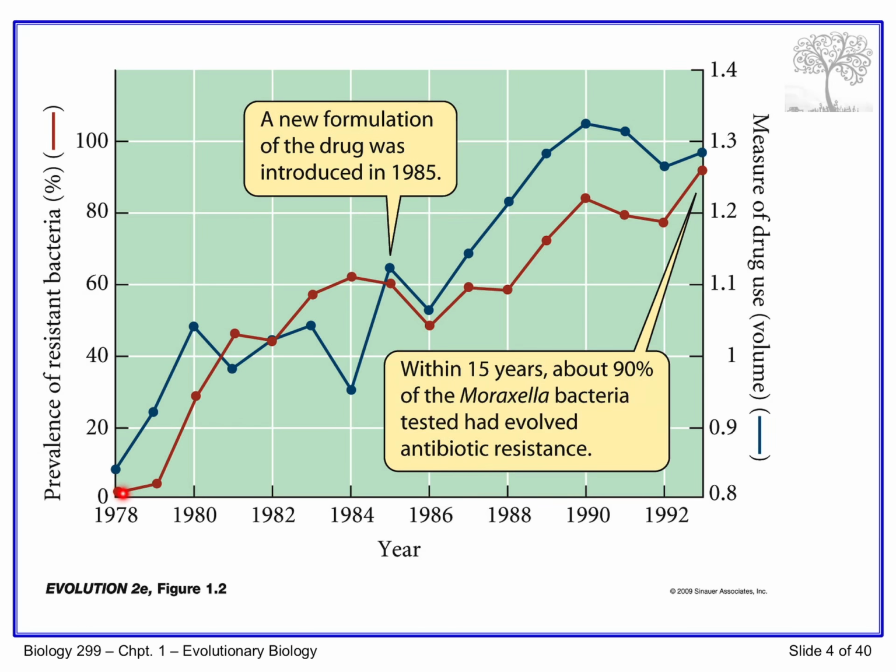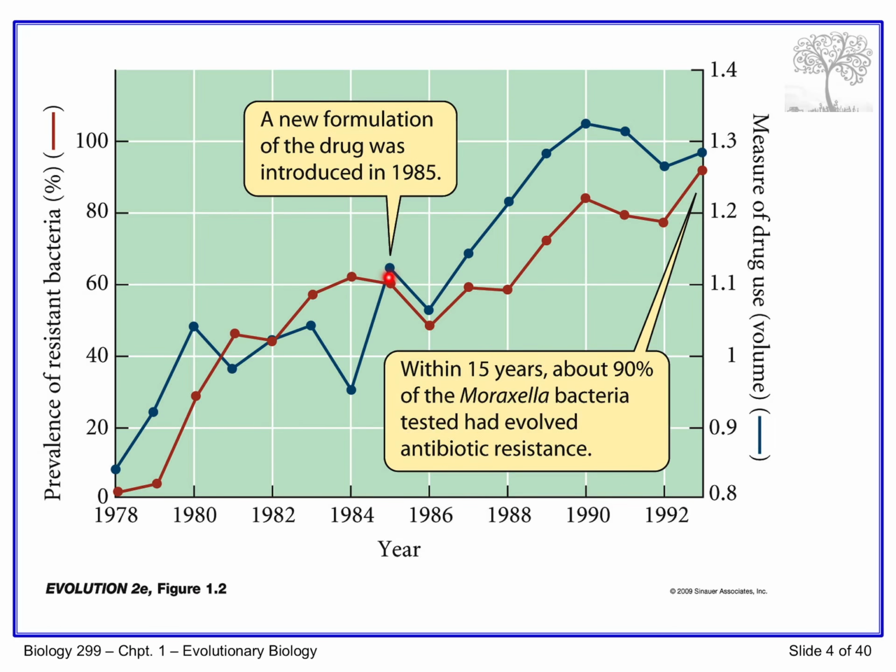So what you see is that we start off with an initially very low frequency of resistant bacteria. But eventually we start to see that spike up, and along with that we see an increase in the use of the antibiotic, trying to keep that population that's resistant knocked down. So you see we have an increase in resistance.